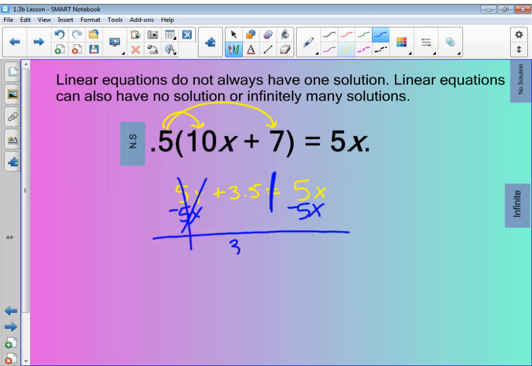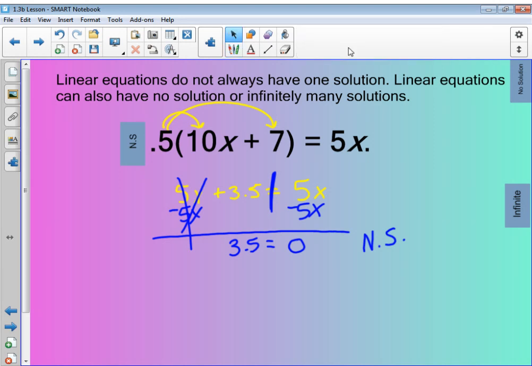So now I'm left with 3.5 equals, there's nothing over here. There's a 0, there's nothing there. Well, can 3.5 equal 0 or nothing? No, so that would be a no solution. So when we end up where we've got our answers that are different on both sides and the x's canceled themselves out, that is a no solution.